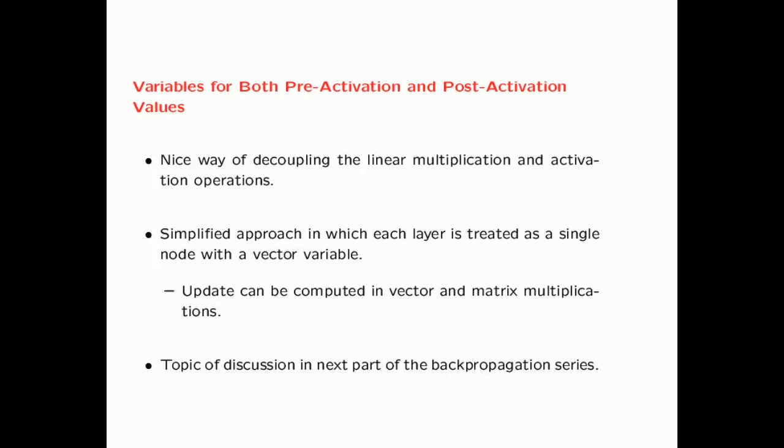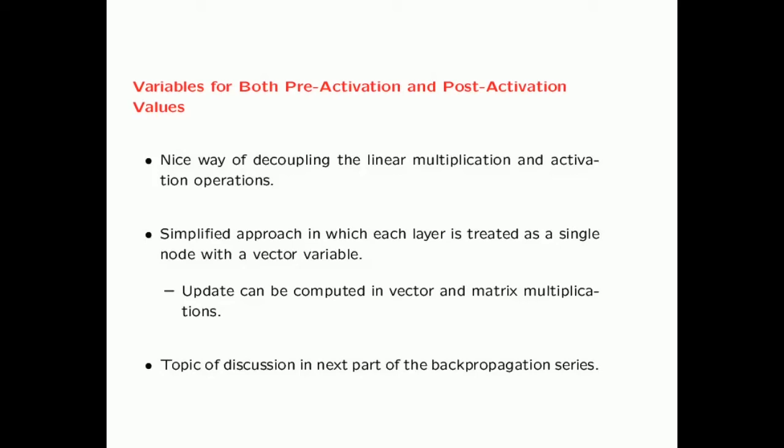Now, you can even define a computational graph using variables for both pre-activation and post-activation variables. And this is a nice way of decoupling the linear multiplication and the activation operation. And this decoupling has other benefits because you can have a simplified approach in which each layer is treated as a single node with a vector variable.